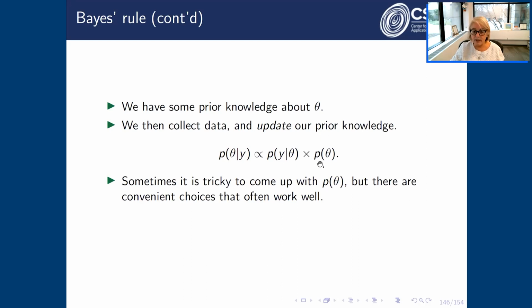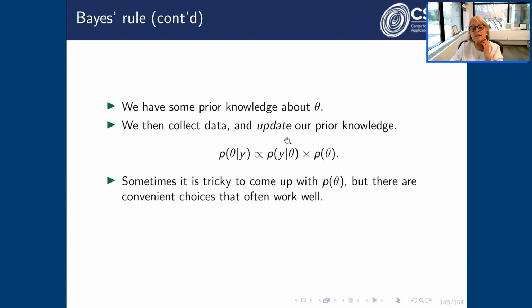So that's my prior. So we read this from right to left. I combine that with the model I adopt for the data. So I obtain my sample, I made my measurements, I get my Y's. And so I decide that this is a good probability model for my data.